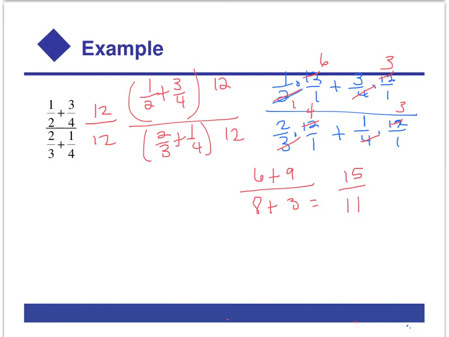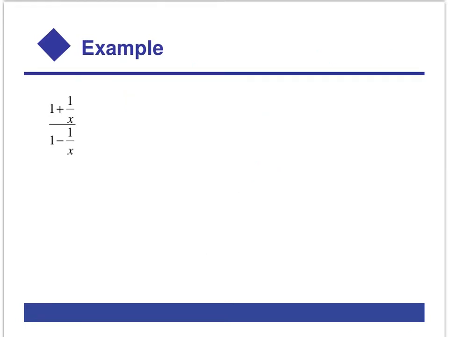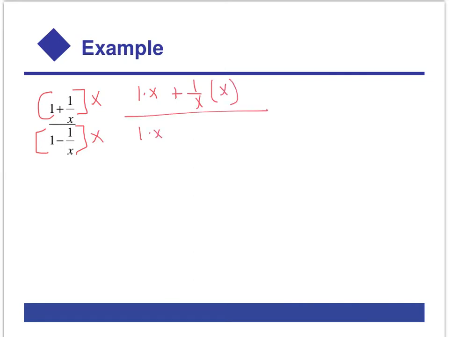So let's look at the next part and see what the LCD is in this one. The LCD is X. So again, we are multiplying the top and the bottom both by X. So we're really saying 1 times X plus 1 over X times X, over 1 times X minus 1 over X times X. So let's clean up and use the distributive law first.